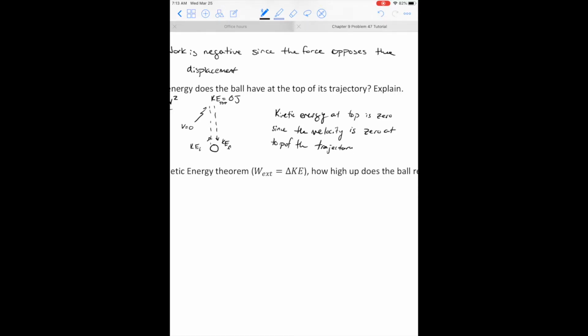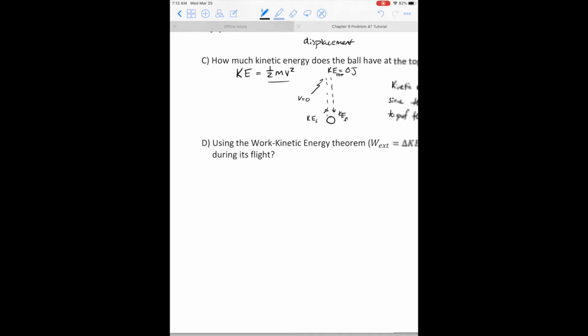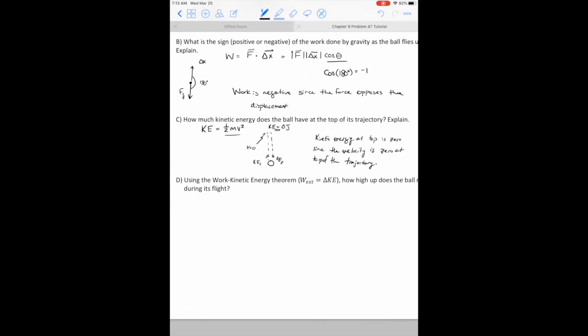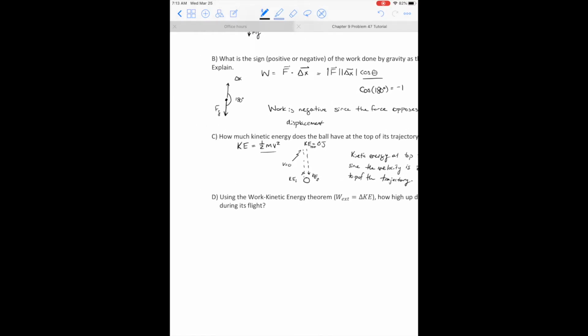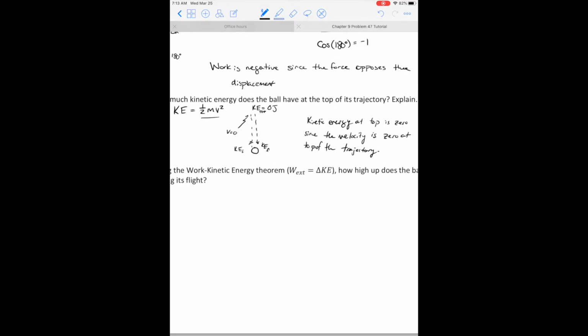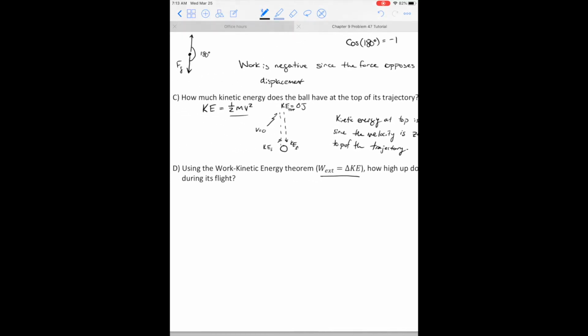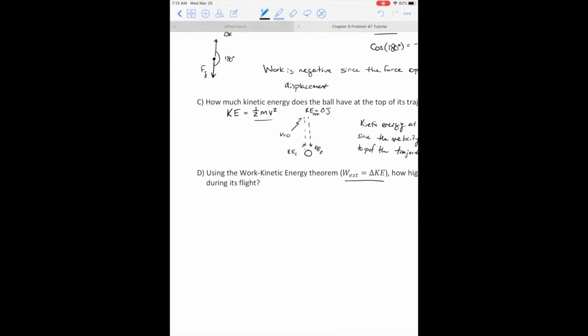Another way of saying this is I'm not moving, right? If I'm not moving, I have no kinetic energy. Cool. Now, using the work kinetic energy theorem, and we've listed that here, the external work is equal to the change in kinetic energy. How high up does the ball reach during its flight?